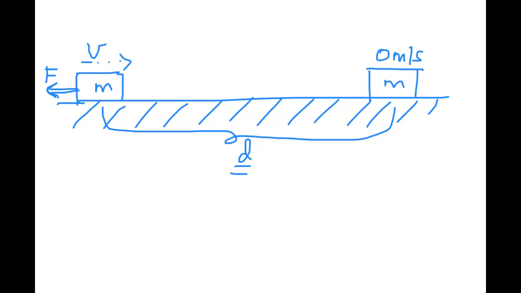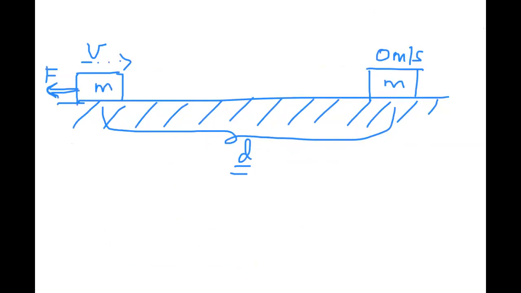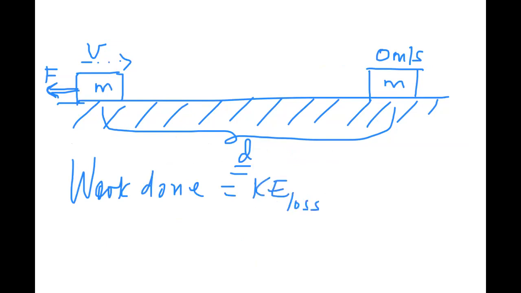So we can do the same analysis. Remember, what we said here was that the work done by this force is equal to the change in kinetic energy. So here we are expecting to see that the work done has to be lost in kinetic energy. So work done must be equal to kinetic energy loss, right?